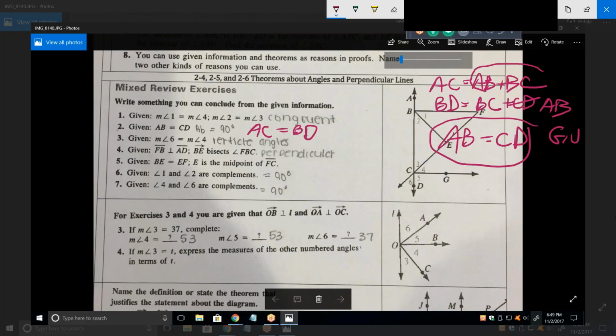They're the same. Therefore, AC is equal to BD. Yeah, that's the only thing I think you can write. There may be other things, but that one I'm sure of. And the only reason you can say that is because AB is equal to CD, and BC is equal to itself.